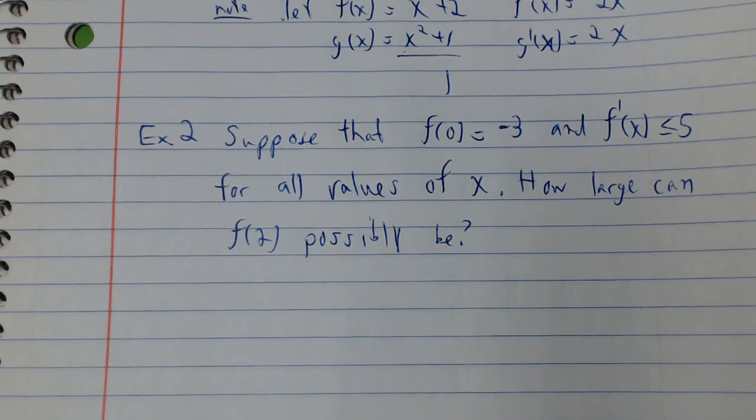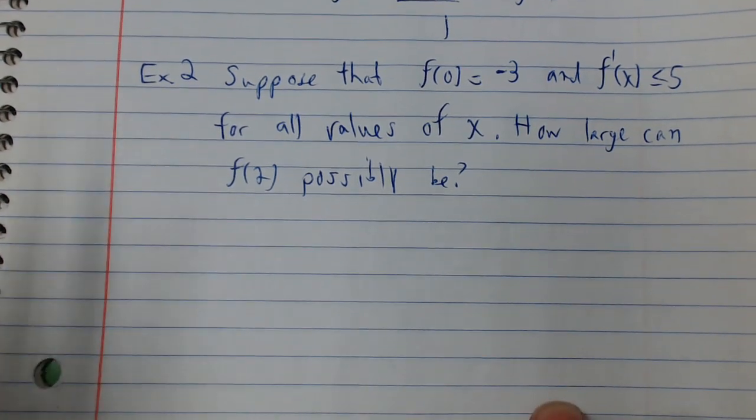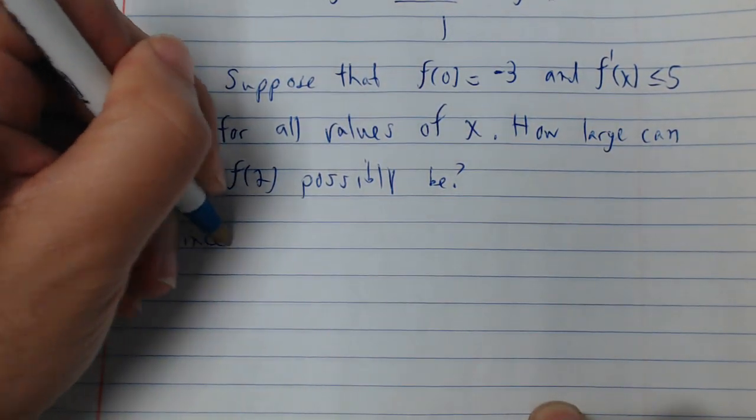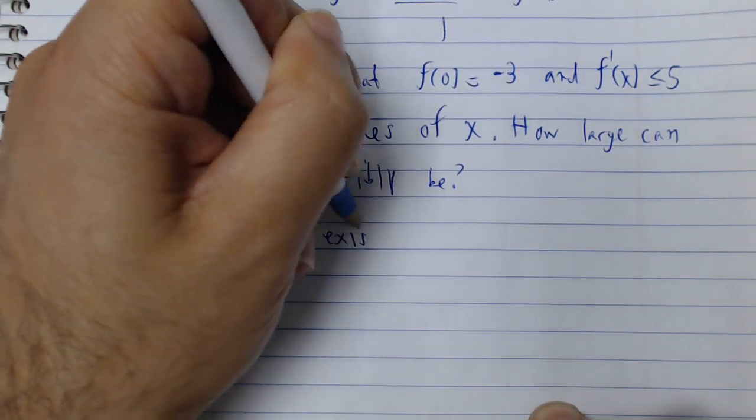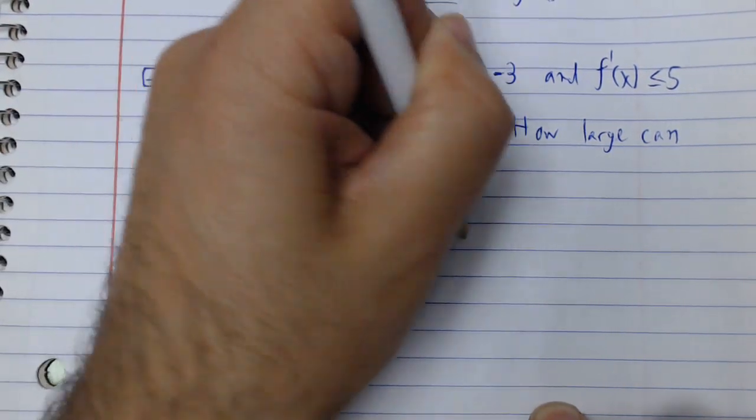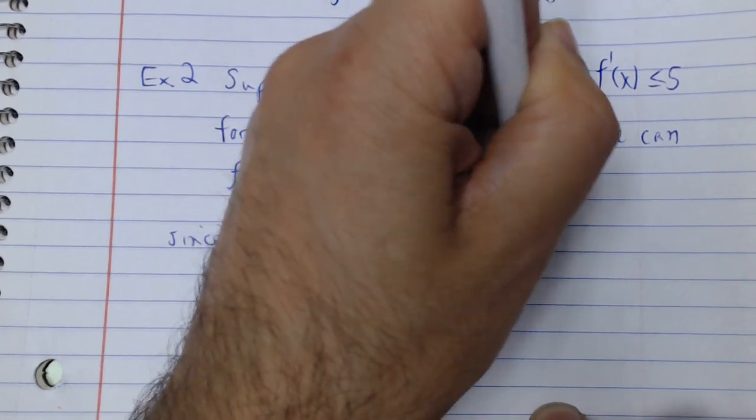For this example, we could actually put the mean value theorem to use. What do I mean by this? Here's what we know. Since f prime of x exists for all x, what does this imply?